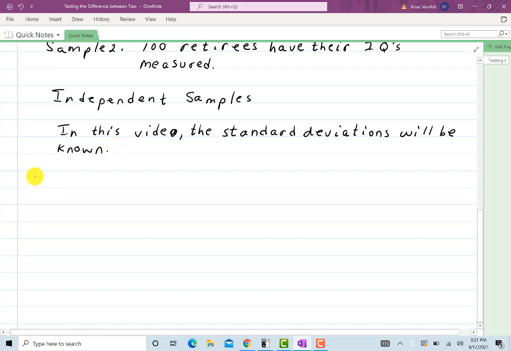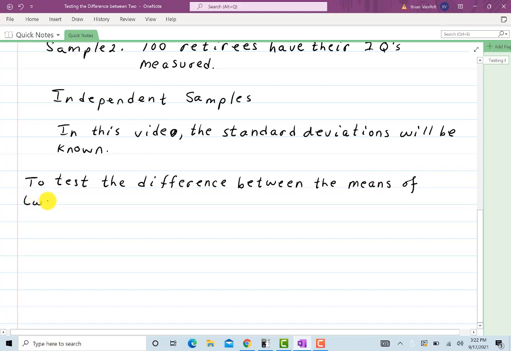So to test the difference between the means of two different populations, we need the following.